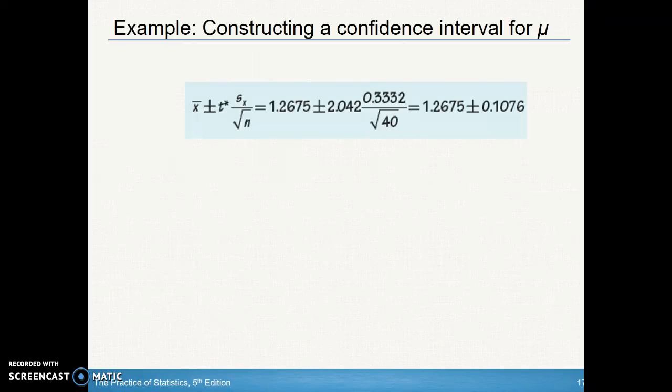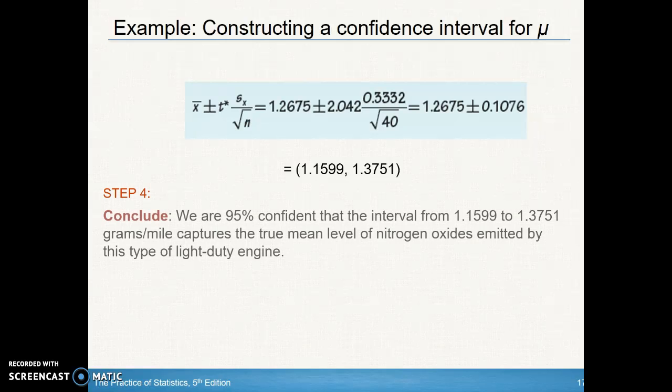So here's our formula on the left, x bar plus or minus t star times the standard deviation of the sample over the square root of our sample size. And then all the numbers are filled in, and you just follow the order of operations to get this interval. And as far as interpreting the interval, you interpret it the same way.